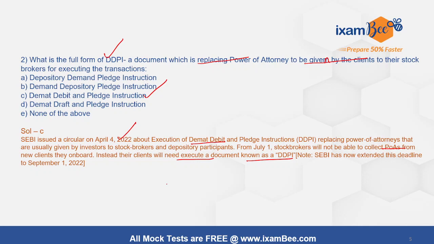So this will be replacing the POA, but it will not invalidate the existing POAs whose validity period is in force, right? And it has a number of other advantages over POA, especially for tech savvy investors who want to do everything online, because the basic deterrent for POA was that it needs to be physically stamped. But in this case, DDPI can be digitally stamped as well, right?